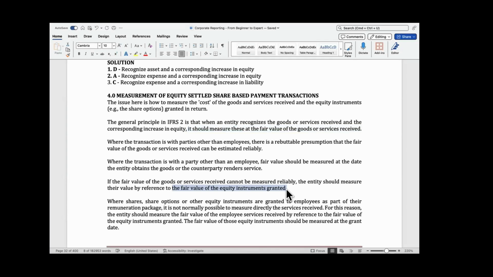instrument granted. And this was where our discussion became lengthy, because we now focused on where the transaction is with an employee. Where the transaction is with an employee, then you can only measure that transaction at the fair value of the equity instruments granted.